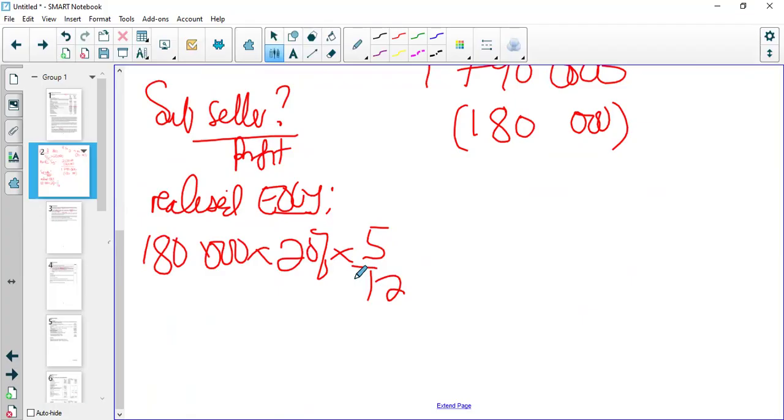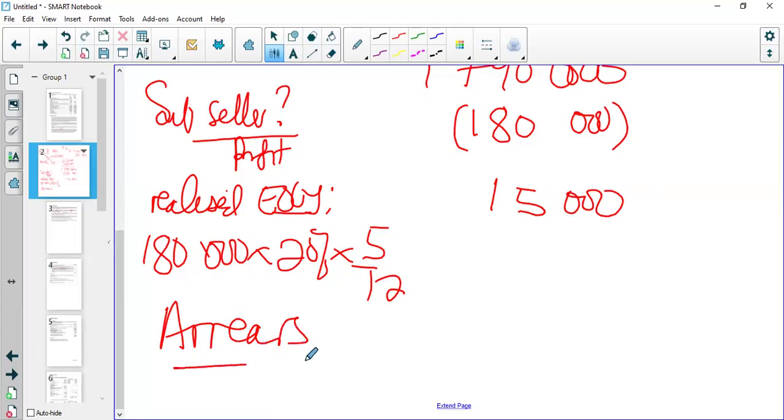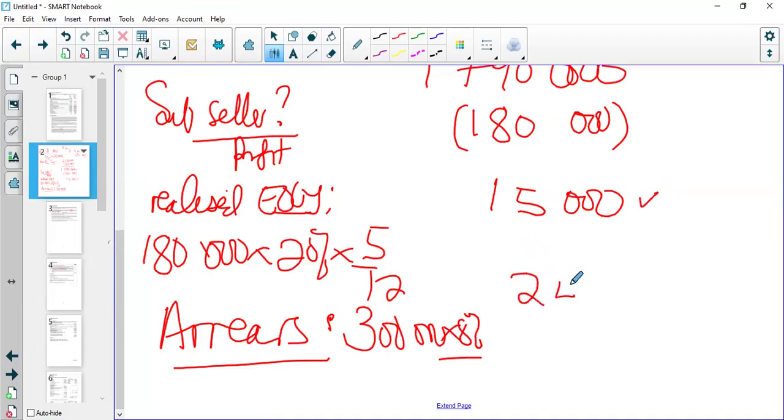So it's 15,000 that should be added to this. And then we remember that there are also dividends from previous years which were not paid. So those dividends have to be taken care of. The preference dividends: it's 300,000 for the year multiplied by 8%. So this is going to be added, this is going to be subtracted.